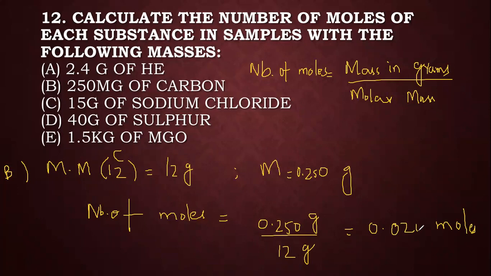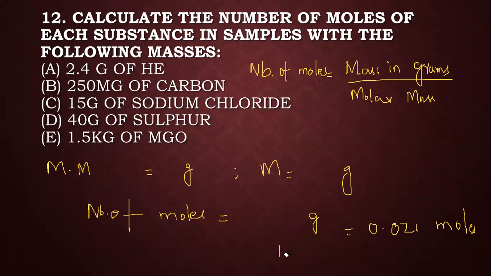Now in part C, we have 15 grams of NaCl. Number of moles, the mass given is 15 grams, and this is Na and Cl.